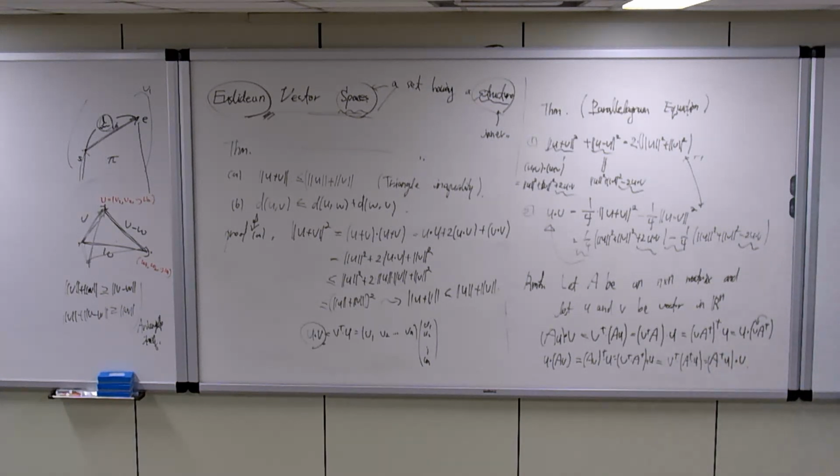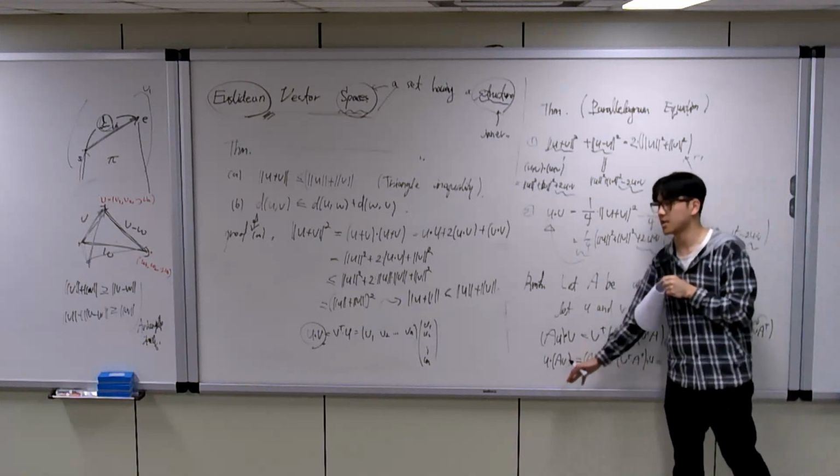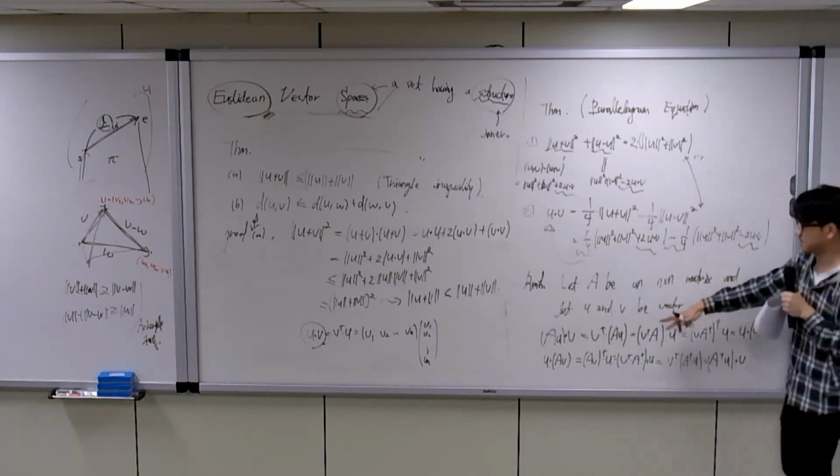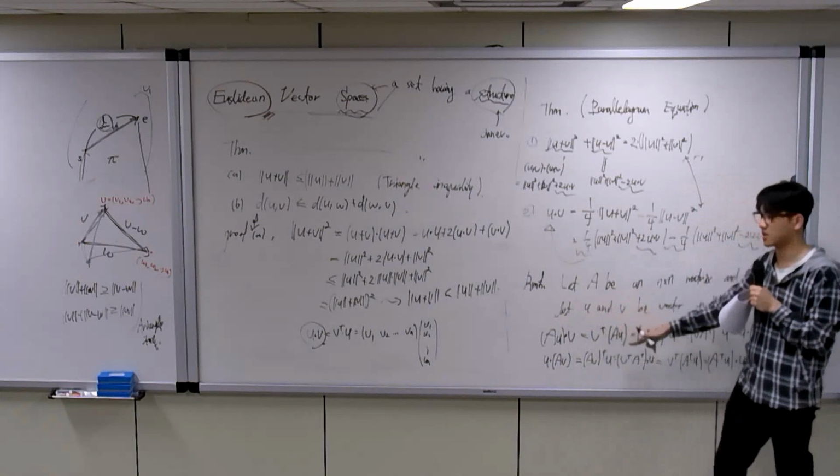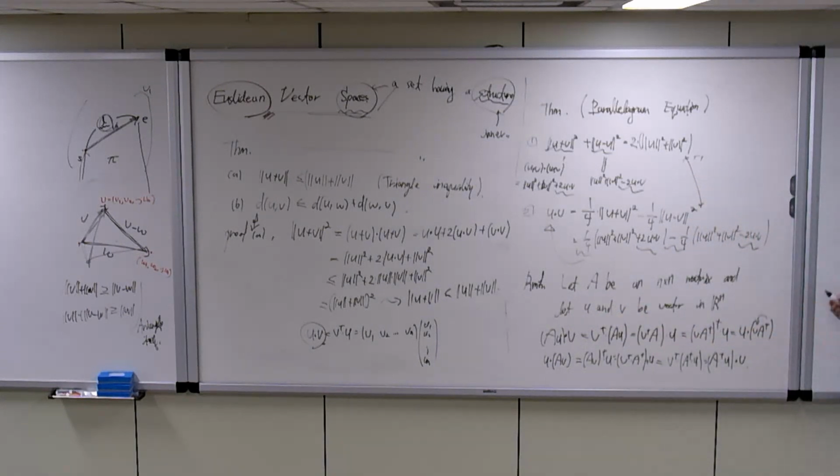So the matrix can move from the first vector to the second vector by performing transpose. Oh, maybe I made a mistake here.